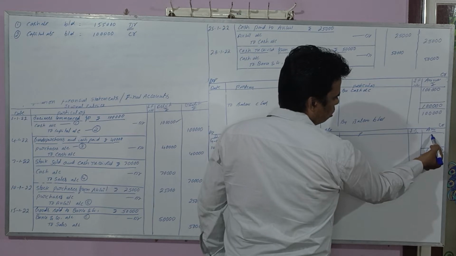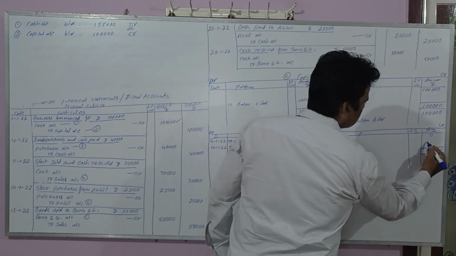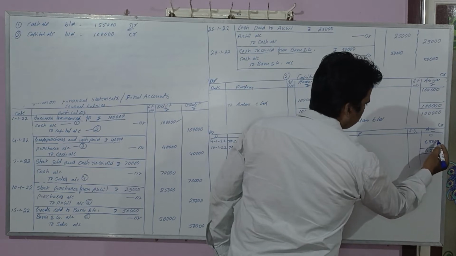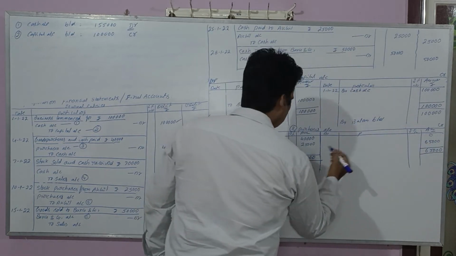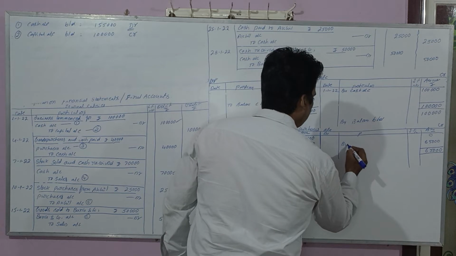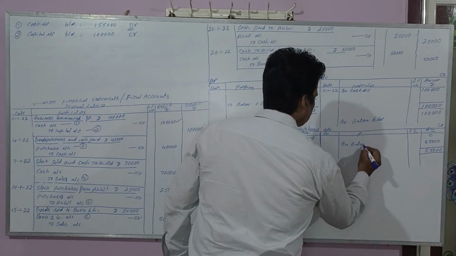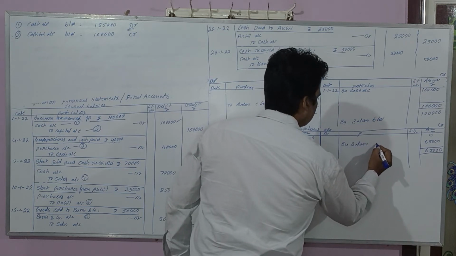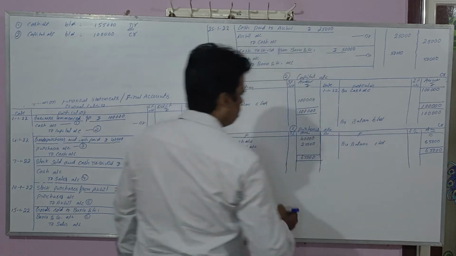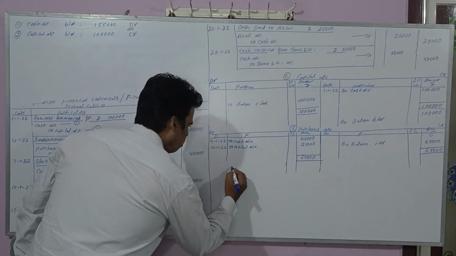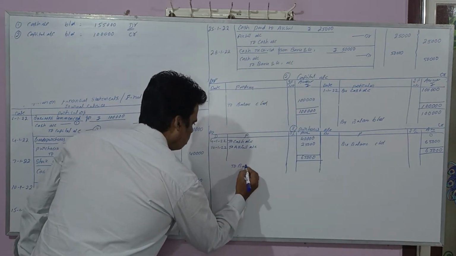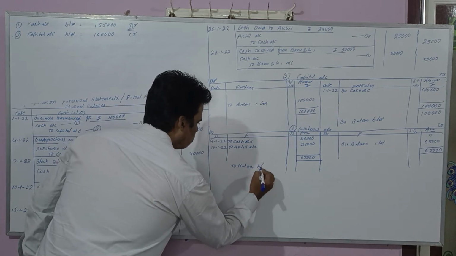The difference between 0 and 65,000 is 65,000. The 65,000 should be treated as by balance carried down. Then immediately that amount should be posted to balance brought down.